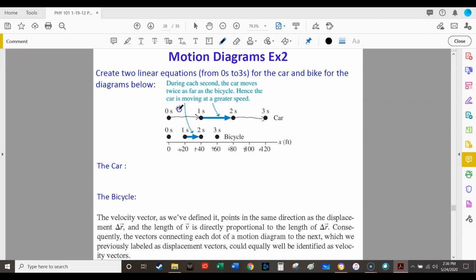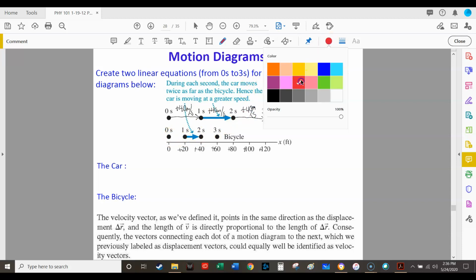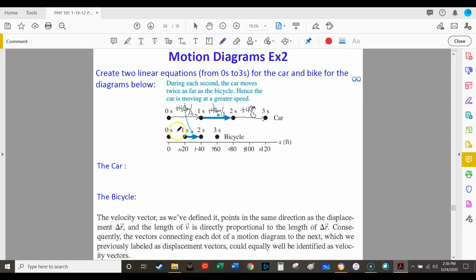So this object's motion is a displacement of positive 40 meters for every second. So it's got a speed of 40 meters to the right for every second.